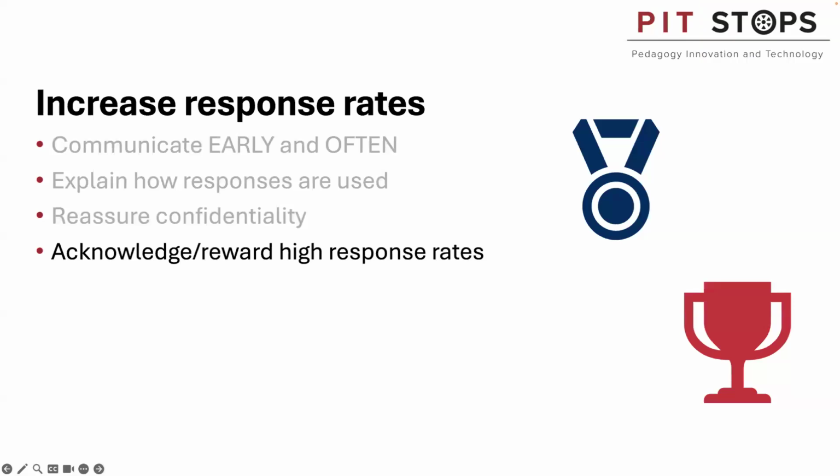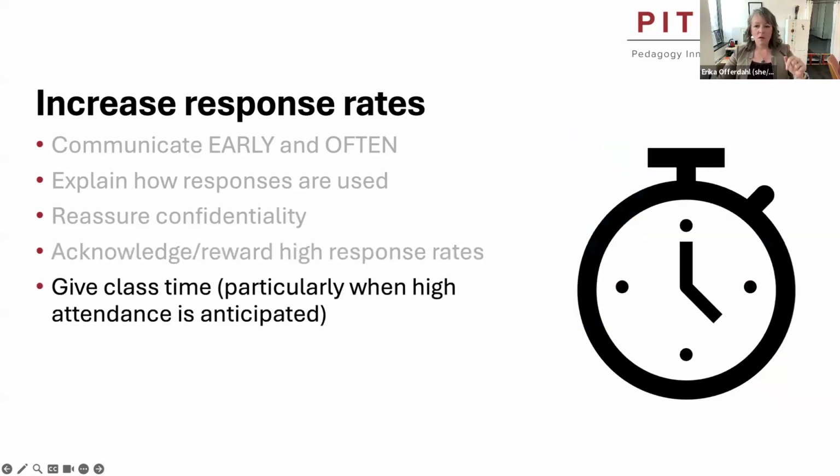Yeah. And if you couple that with the extra credit, with giving them time to do it in class. We used to, when they were pen and paper, right? We would have time in class, we would leave the room, they would fill them out, someone would collect them and turn them into the administrative office.